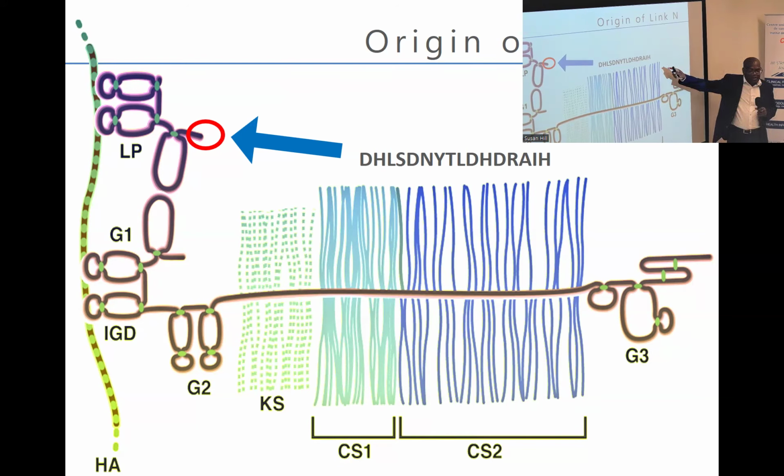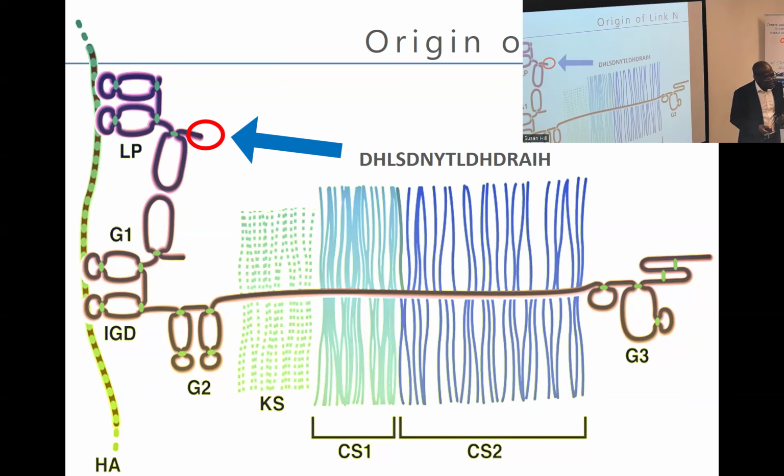A couple of years ago, a group in England gave it to chondrocytes, and they found there was stimulation of proteoglycan. So we continued with this peptide to figure out if it can work in the intervertebral disc, in the spine. The whole idea is to see if we can stimulate matrix production with this peptide.